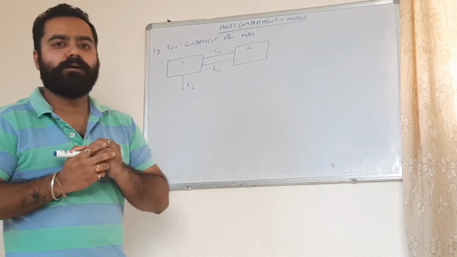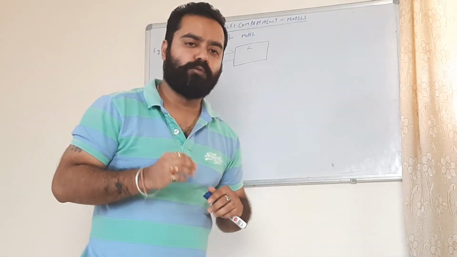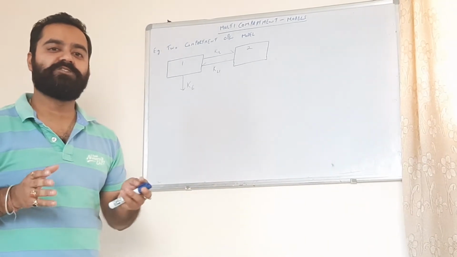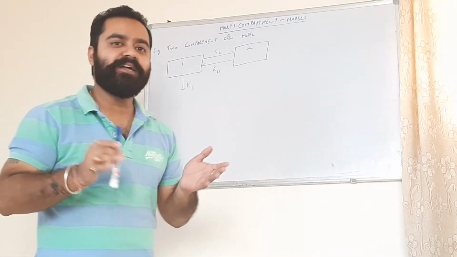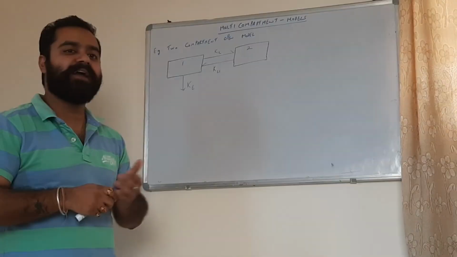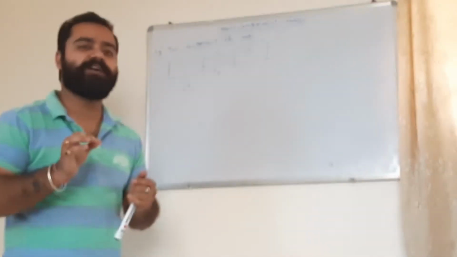So, when we are talking about the one compartment model, what happens is that instantaneous distribution is achieved, and it can be expressed by a mono-exponential equation.